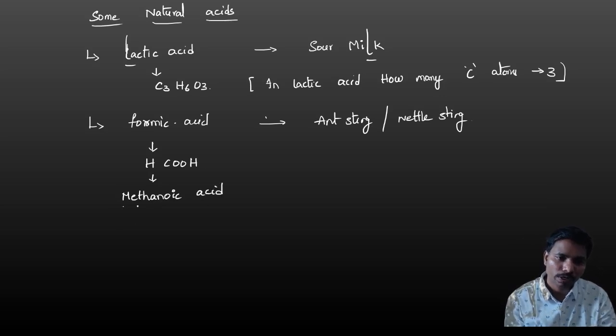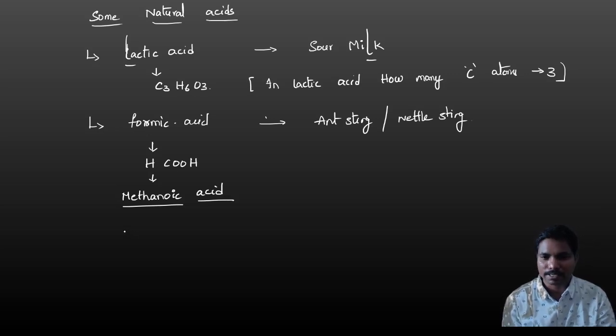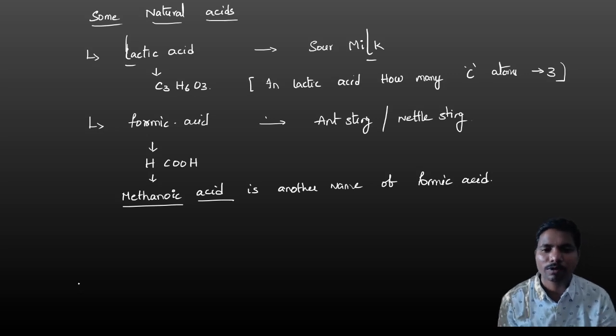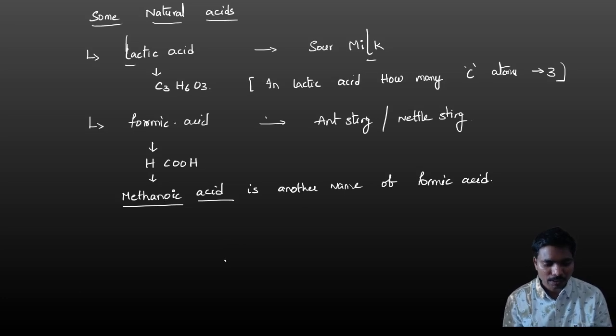Another name of formic acid is methanoic acid. Very important question. Which is another name or chemical name of formic acid, that is methanoic acid.